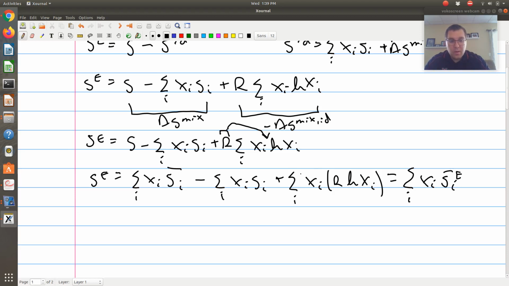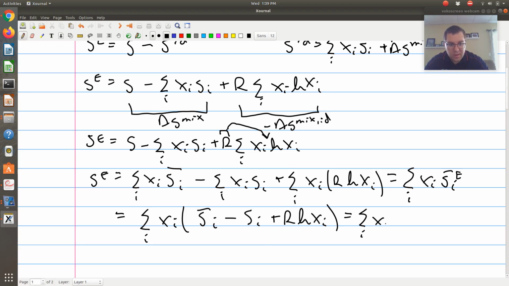So if you look at the left-hand side, the last step is to collect terms. So this could be sum over i x_i times s-bar_i minus s_i plus R log x_i, and that has to be equal to sum over i x_i s-bar_i^E.